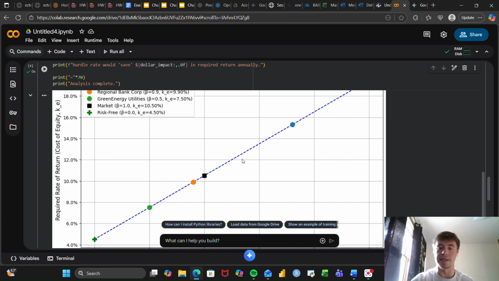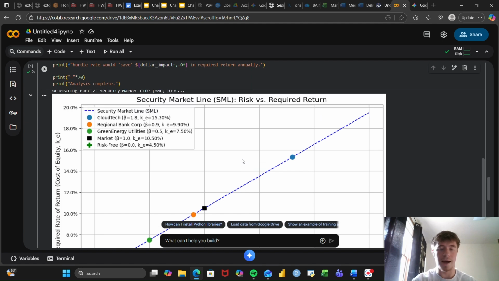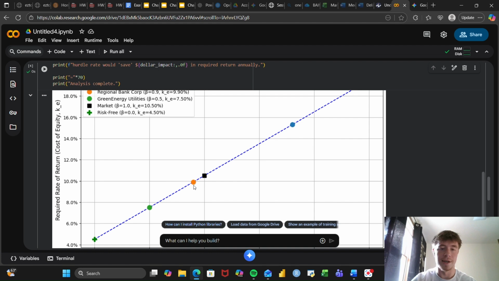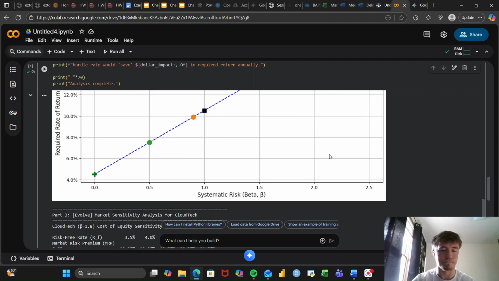So just kind of visualizing how our required returns are based on the beta score. So you can see that regional is very close and moving much with the market, and then you have CloudTech up here, which has high returns but is very volatile.